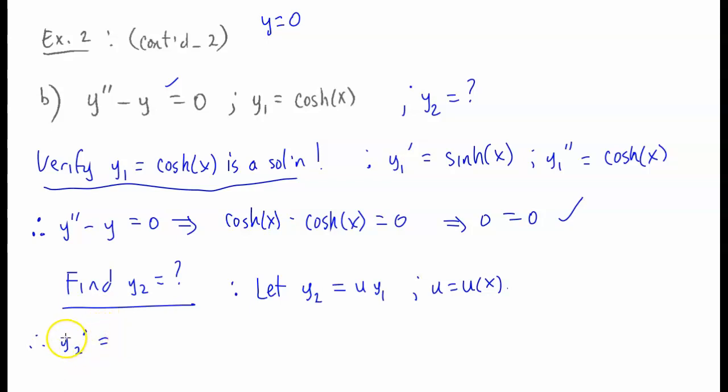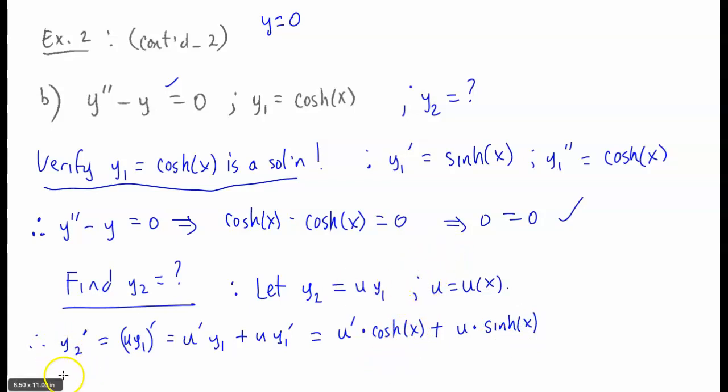So y sub 2 prime is the derivative of the product of these two functions, which is u prime y1 plus u y prime 1. I don't know what u prime is, so I just leave it there. My y1 is going to be cosh x, and then plus u, don't know what u is, but I do know the derivative of y sub 1 is going to be sinh x.